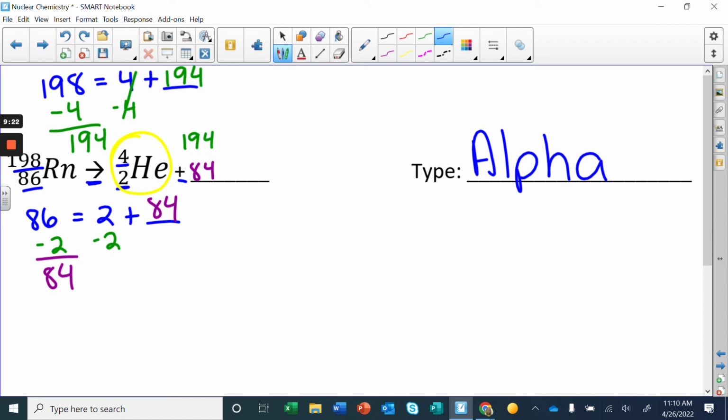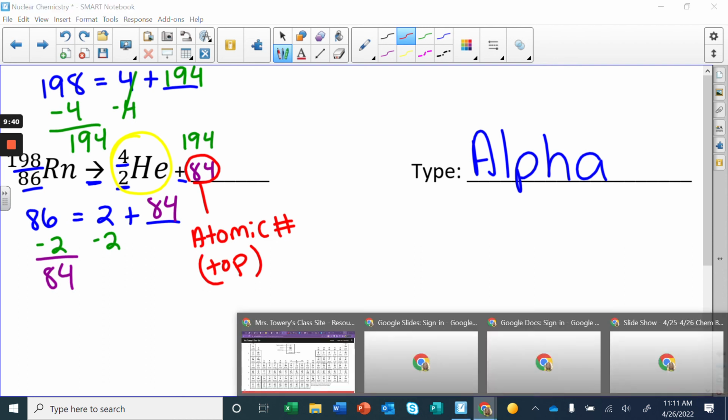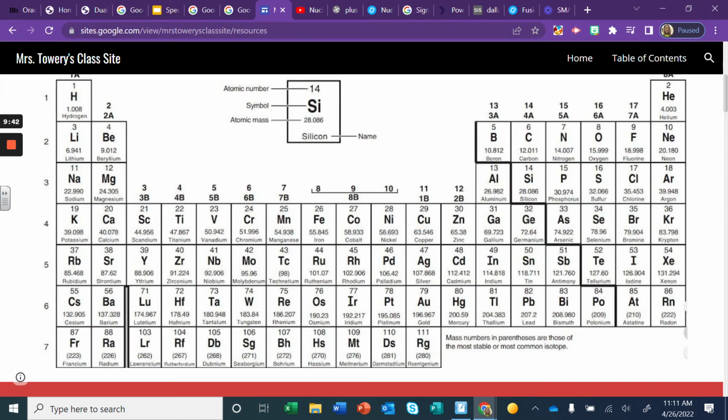So if you remember from way back, this number on bottom, the 84, is the atomic number on the periodic table, or the top number, right? So I'm going to switch over. I'm going to look at my periodic table, and I am looking for the top number that is 84.